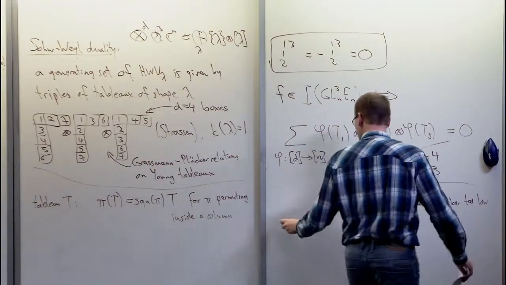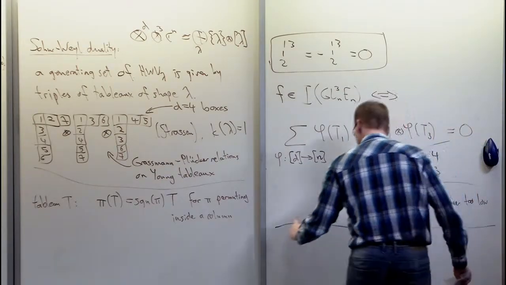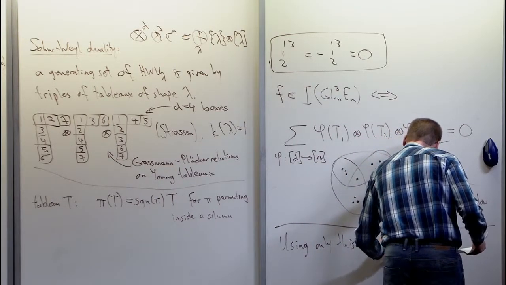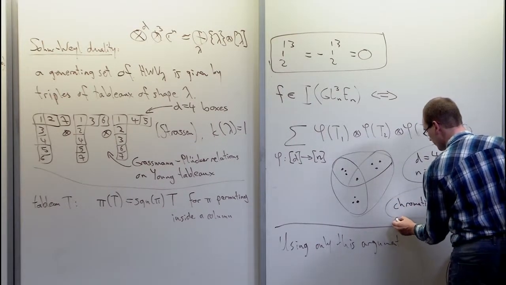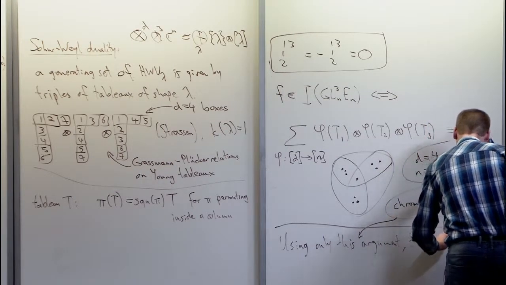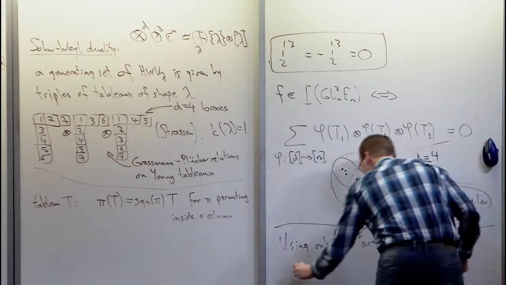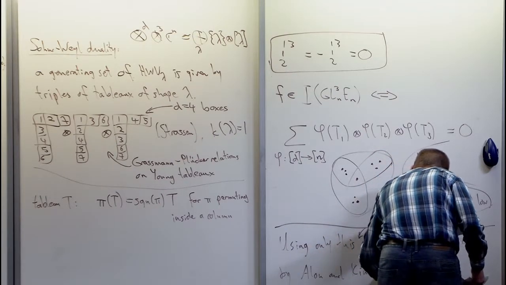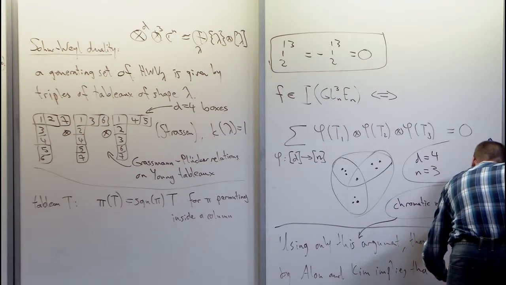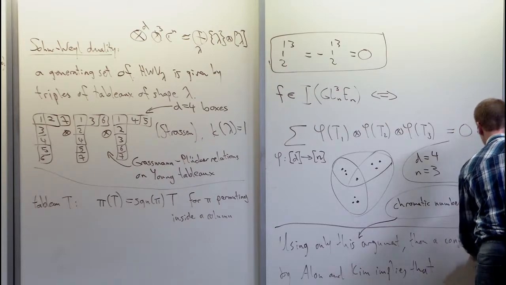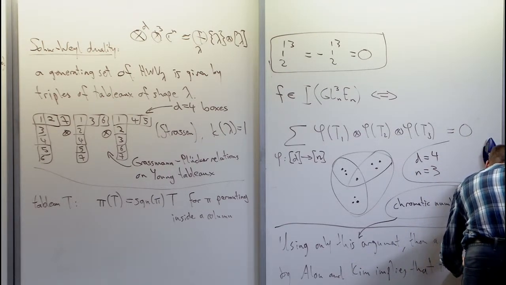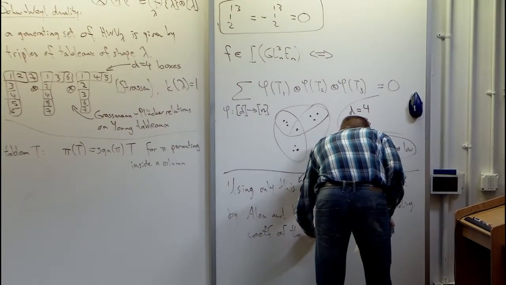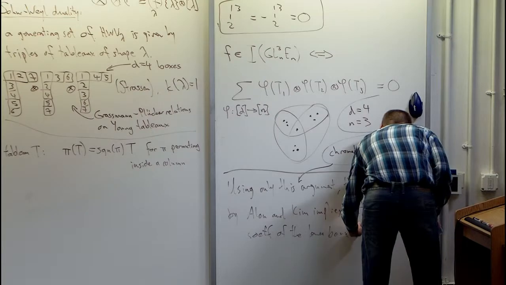And if you only want to use this argument, that the chromatic number is too low, then a conjecture by Alon and Kim implies that the leading coefficient of the lower bound cannot exceed 3 over 2.